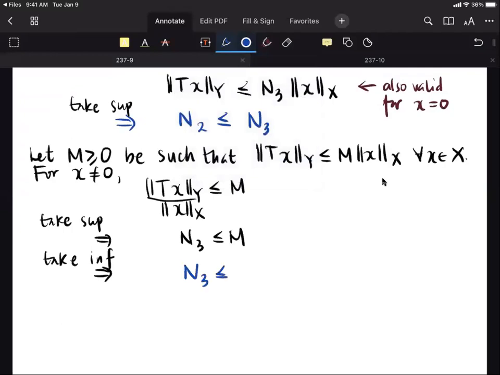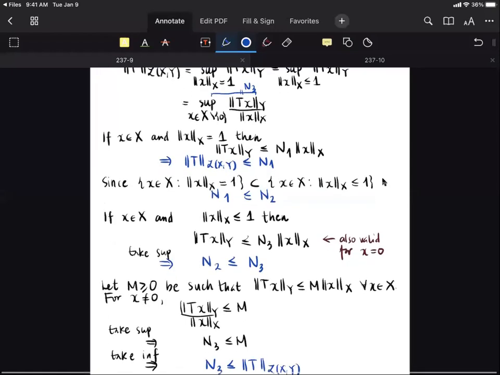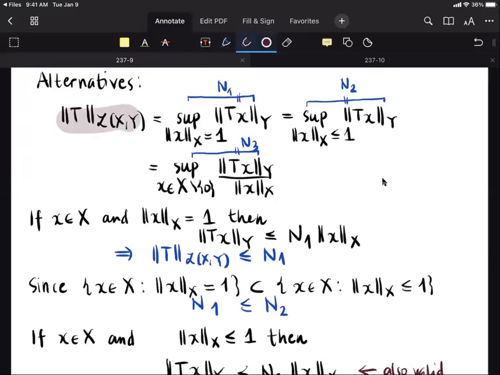And the infimum over all M that satisfies this inequality is, according to the definition, the norm of your bounded linear operator T. Okay, so this is less than or equal to this, and in turn, this is less than or equal to that, which is also less than or equal to this, and also this is less than or equal to that. Hence, all inequalities must be equalities.